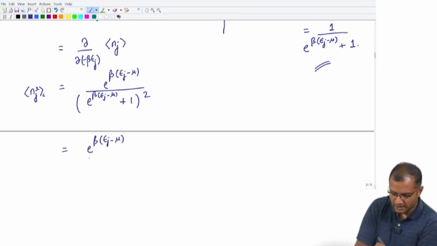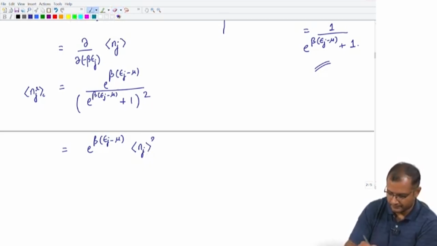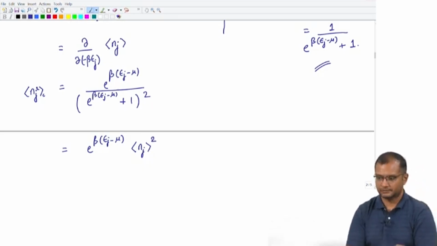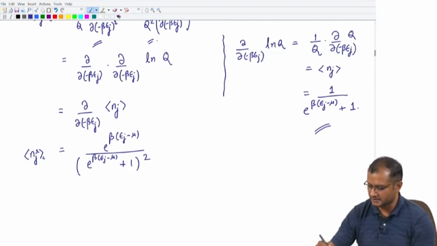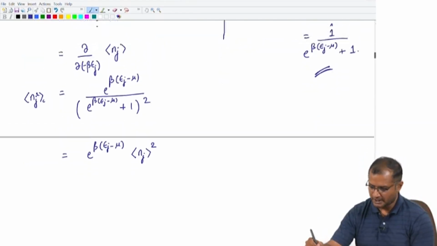The denominator is simply the square of 1 over N j, because that is what is written here. So, the square of this is nothing but N j square.